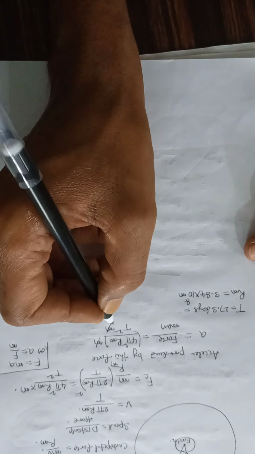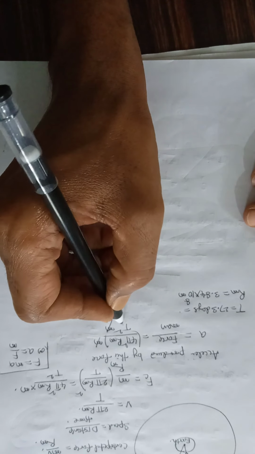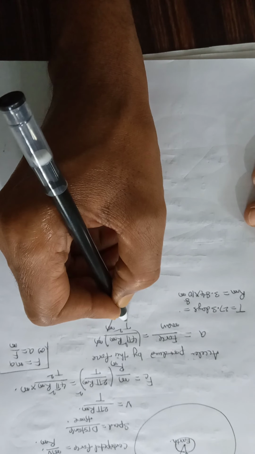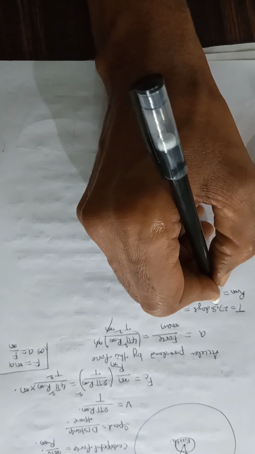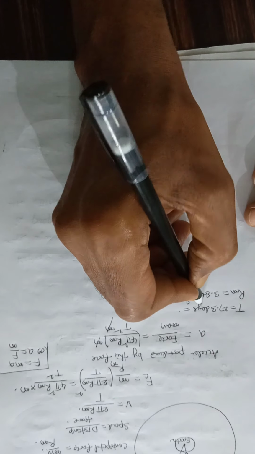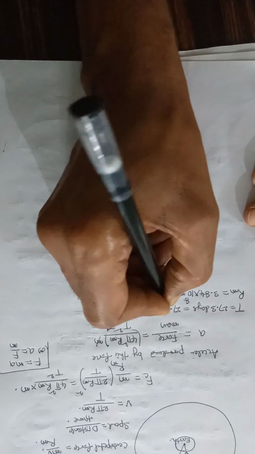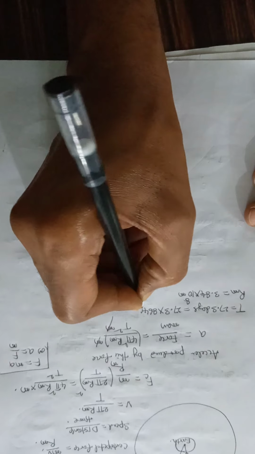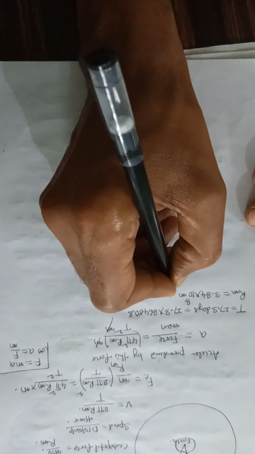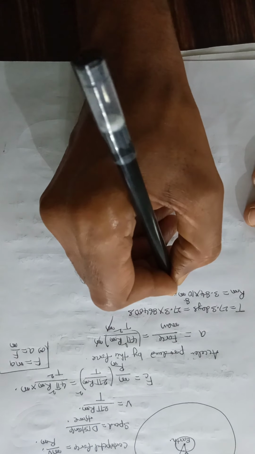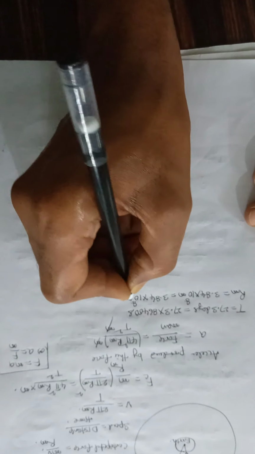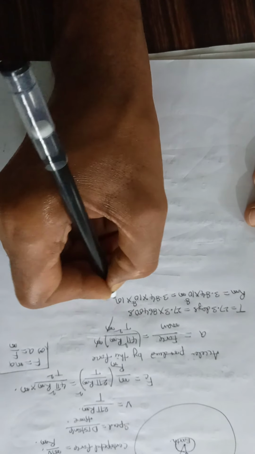Now let us substitute the values here. T means time period. Time taken by the moon to complete one revolution around Earth is 27.3 days, and 1 day is equal to 86,400 seconds. Here, 3.84 × 10^8 meters, and 1 meter is equal to 100 centimeters.